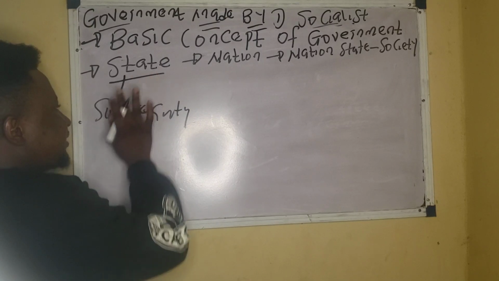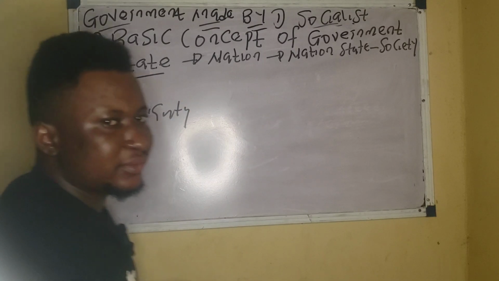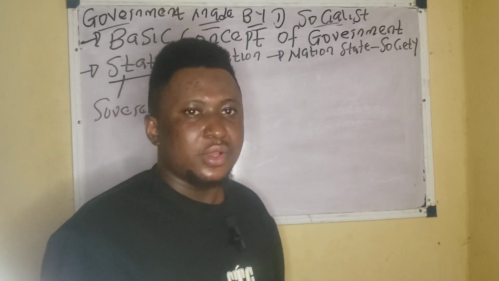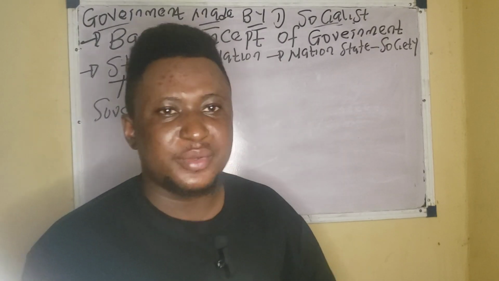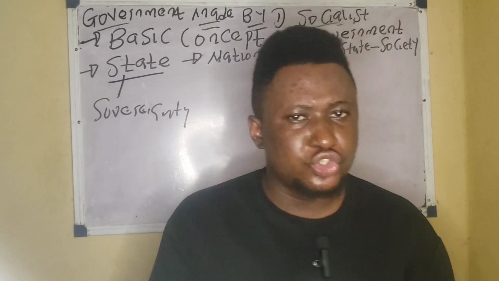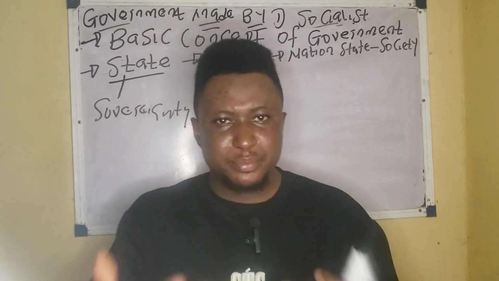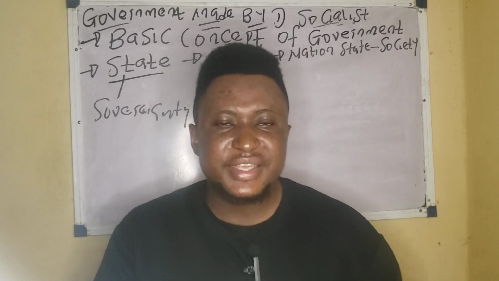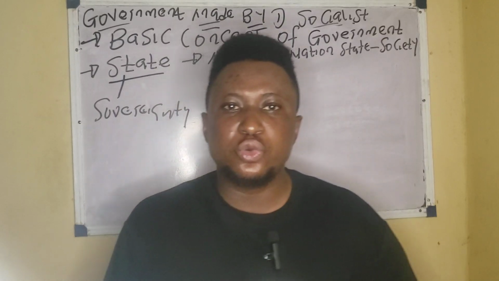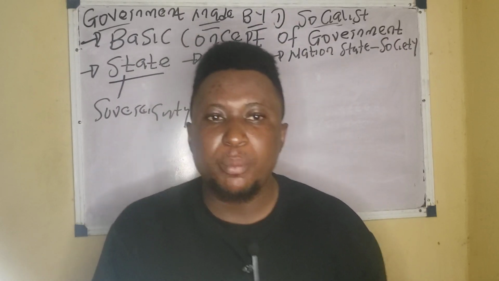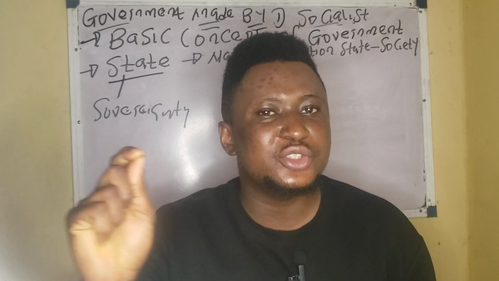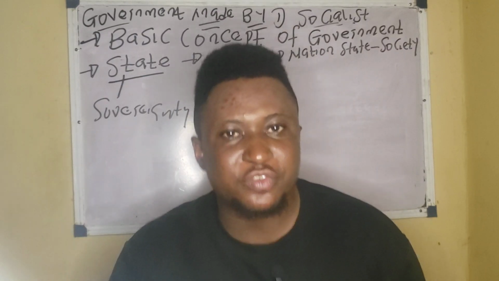So whenever I hear the word state, my mind should know that a state has sovereignty. A state has different definitions, but I'm trying to give you an easy definition that will help you. So we can say that a state can be defined as a political or geographical entity occupied by people who are bound by law. We can also say that a state can be defined as a geographical entity occupied by people with a sovereign government or a legitimate government.